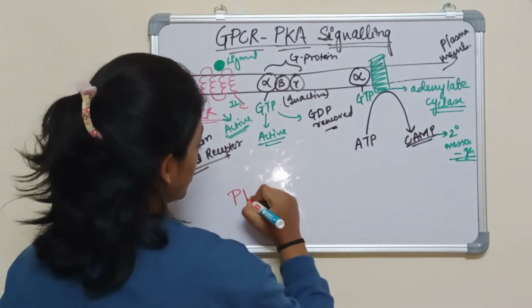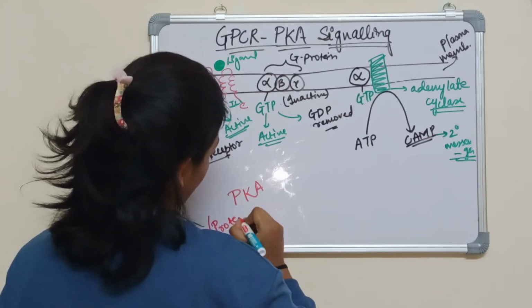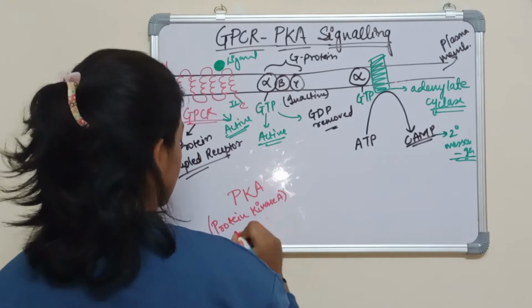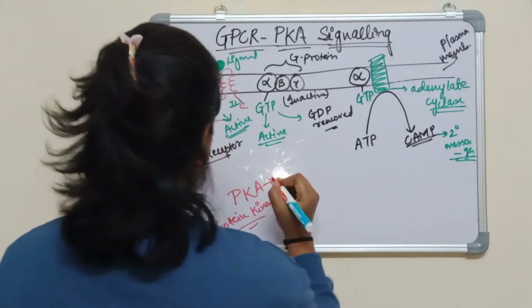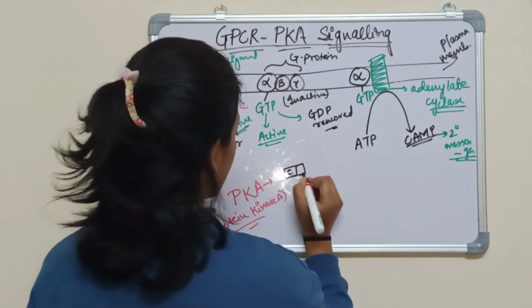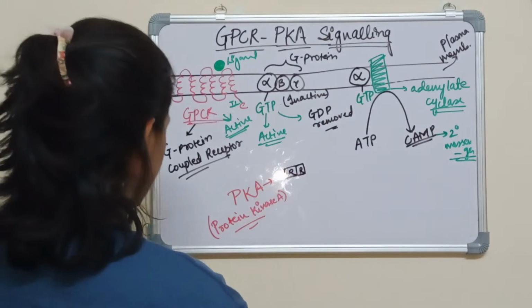Here is another protein called PKA, protein kinase A. This PKA has 2 types of subunits: the catalytic subunits and the regulatory subunits.